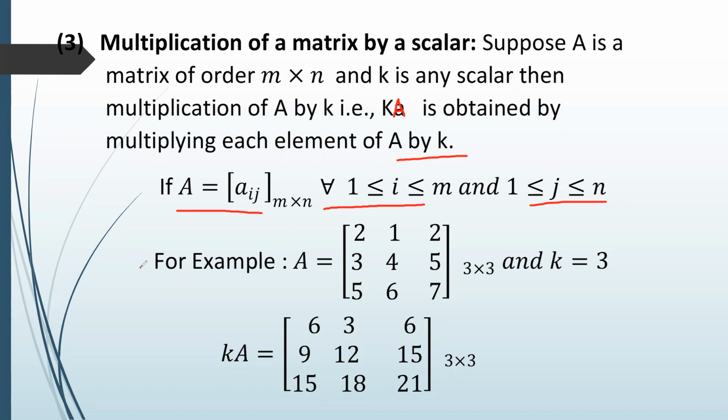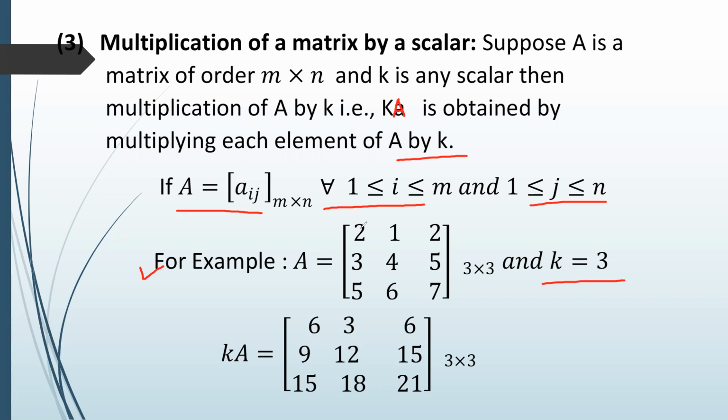So now we take one example. We have A equal to 2, 1, 2, 3, 4, 5, 5, 6, 7 and k equal to 3. So to find kA, we multiply each element of A by 3.